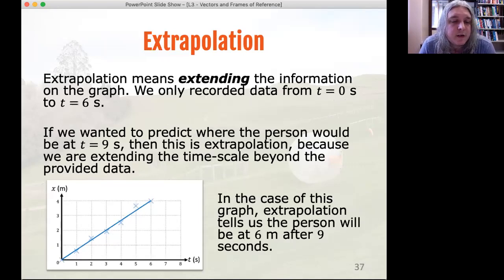Right? So 2/3 of x, 2/3 of time in this case. Right? x is equal to 2/3 t. So we have 2/3 of 9, which is 6 meters. So we could extrapolate and say that the person would be at 6 meters after 9 seconds. But it's extrapolation because it's outside our actual data set.